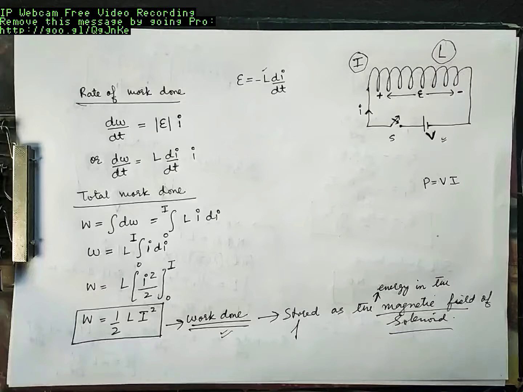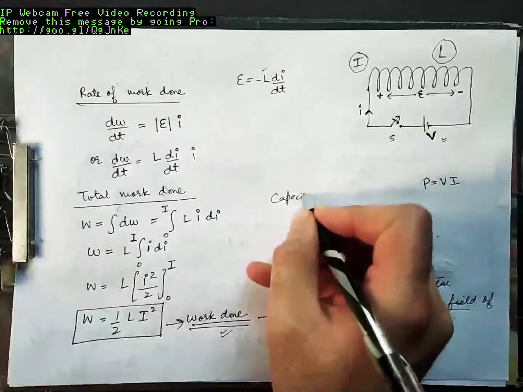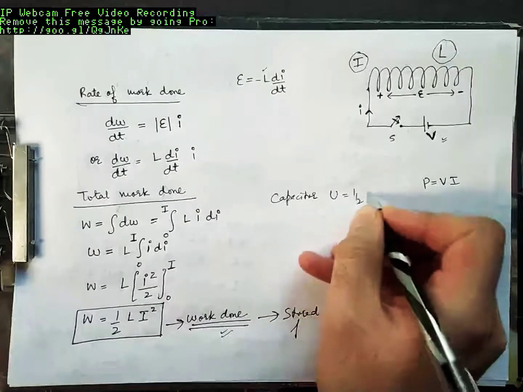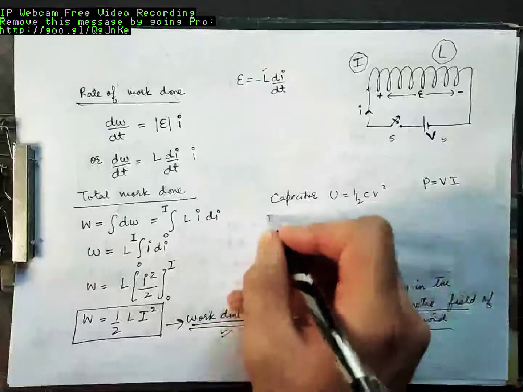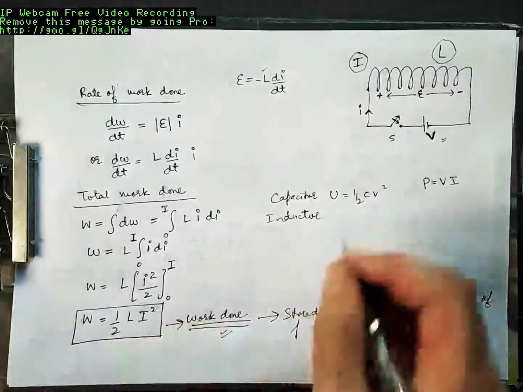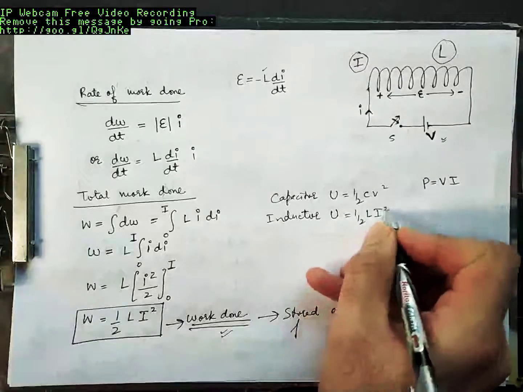You remember when you connect a capacitor, that energy gets stored in the electric field of the capacitor, 1 half of CV square. For a capacitor, energy stored U was equal to 1 half of CV square. For an inductor, energy stored U is equal to 1 half of L I square.